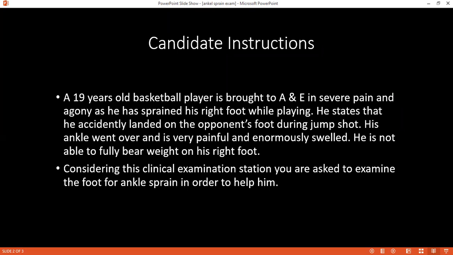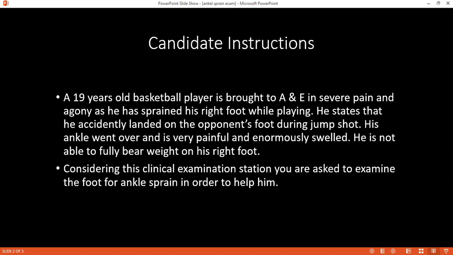Next, I would like to check the passive movements, and I try to do the above mentioned movements, including dorsiflexion, plantar flexion, inversion and eversion, in whatever range of movement the patient is able to bear the pain.